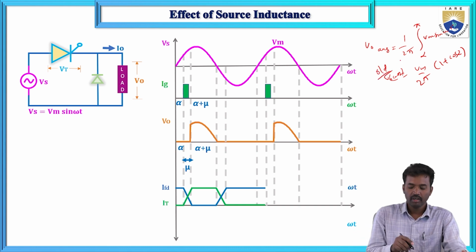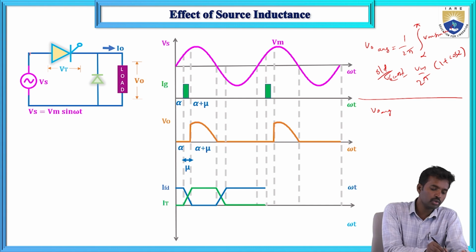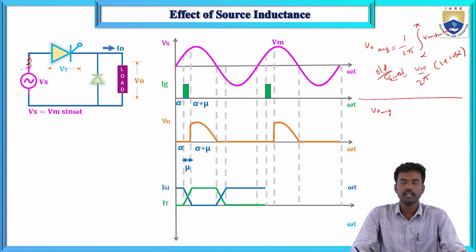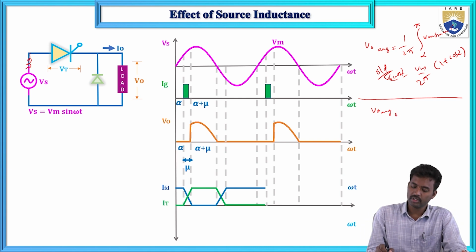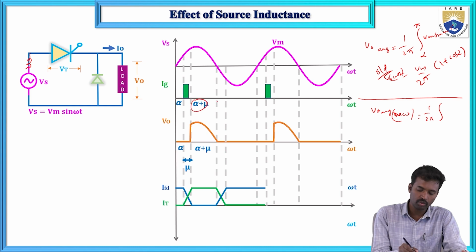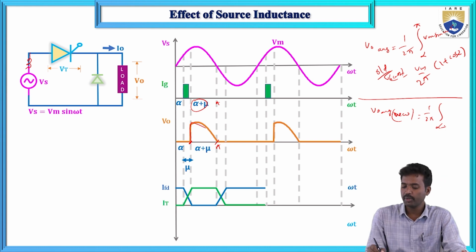Now, what about the V naught average with source inductance? This is the new one. That equals 1 by 2 pi integral from alpha plus mu to pi, since it will conduct from alpha plus mu to pi, of Vm sin omega t d omega t.